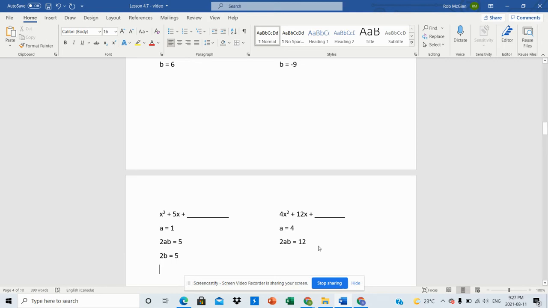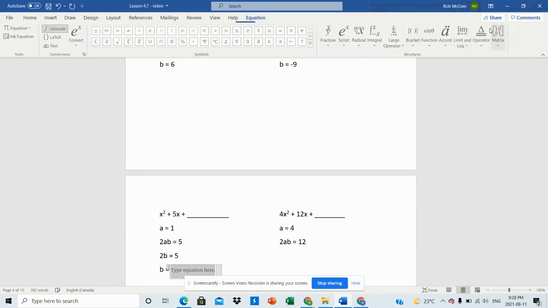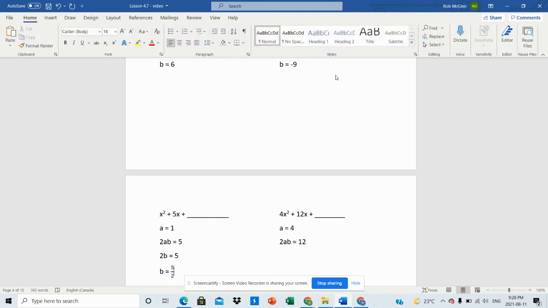So divide both sides by 2, and we're going to get b equals 5 over 2. So that's what b equals, 5 over 2.